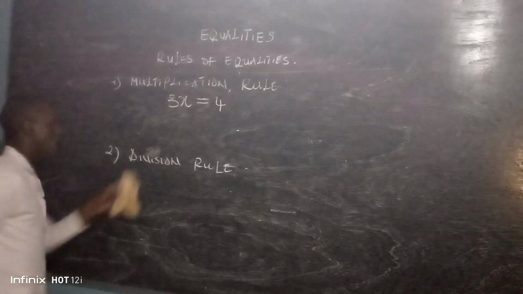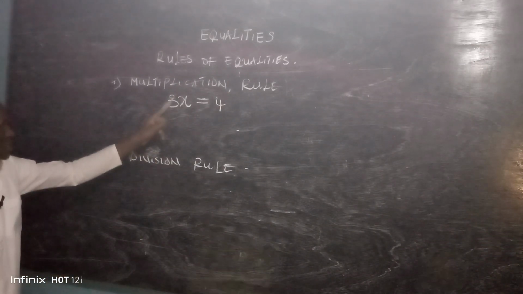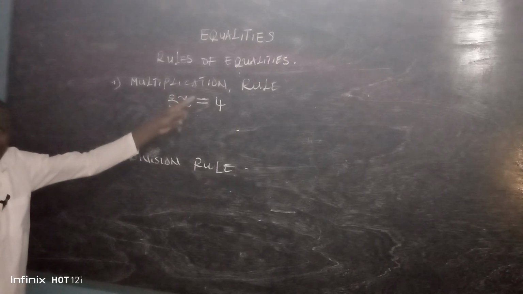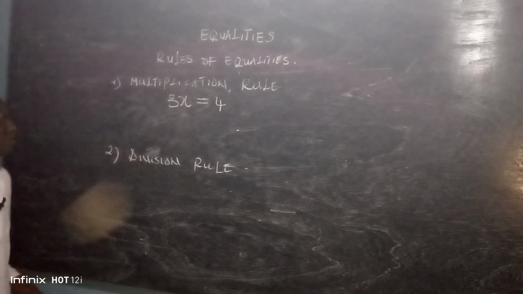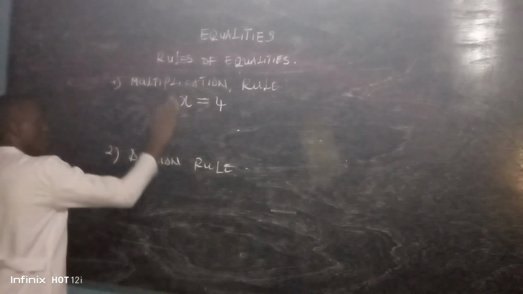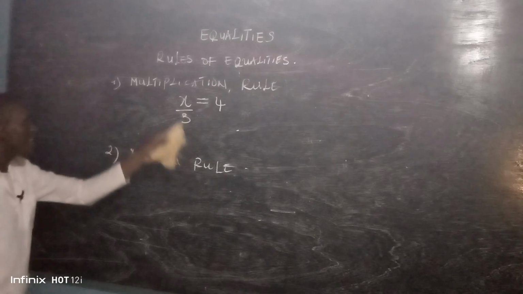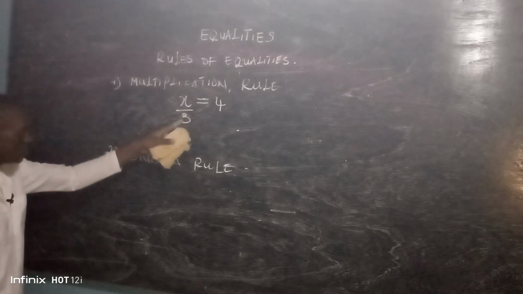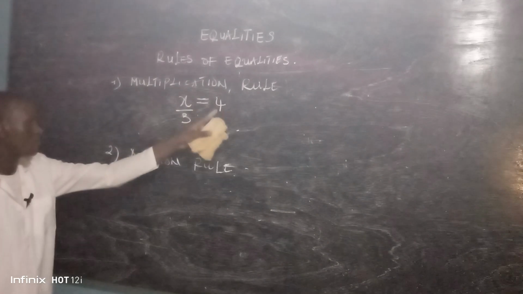If I want to make x the subject to stand alone, like I said, 3x means it's 3 times x, right? So let's begin from here. Let's say I had x divided by 3 equals to 4. This is a fraction. This is 4, right?